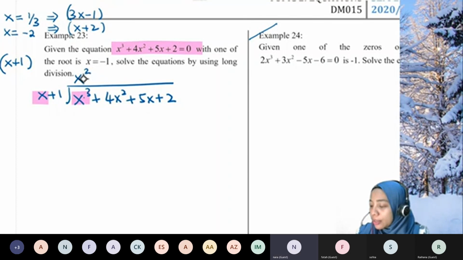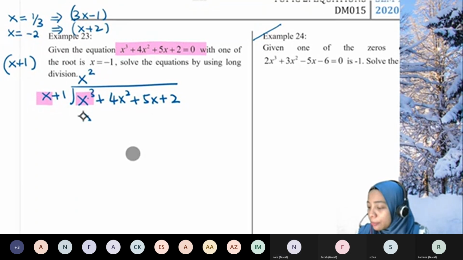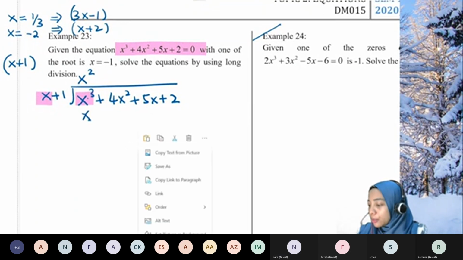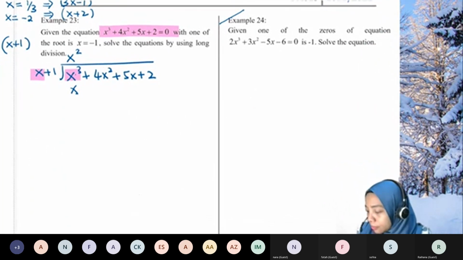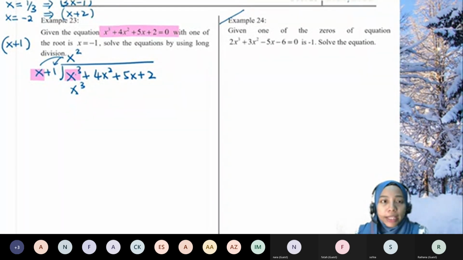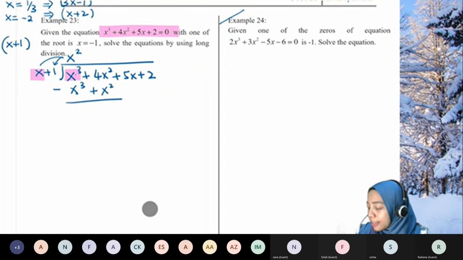So sekarang ni you darabkan semula x square darab dengan x, you dapat x cube. And then bukan sahaja times dengan x saja, tetapi you juga kena times dengan 1. So you dapat x square. Okay, so you minuskan x cube dengan x cube, habis potong. Okay, 4 minus 1, you get 3x square.